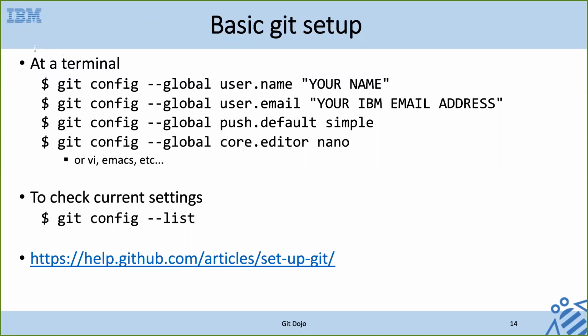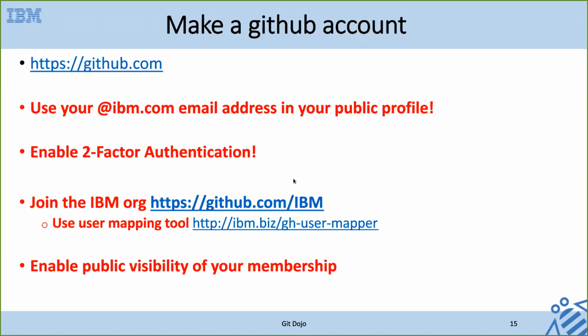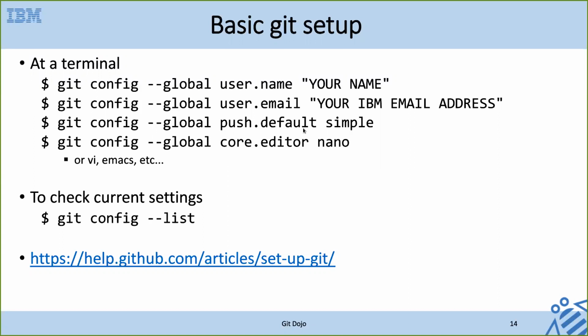And you can see I'm using my IBM email address, and I've got my name, and I don't know what all of this other stuff is, but you can see somewhere here I've got my GitHub username. These are basically just some recommendations in terms of the editor. If you don't know how to use VI, and you get stuck in it, Nano is usually a very simple editor that's also provided. If you're on Windows or in a graphical environment, there are ways to set the editor to pop up a graphical window for you.